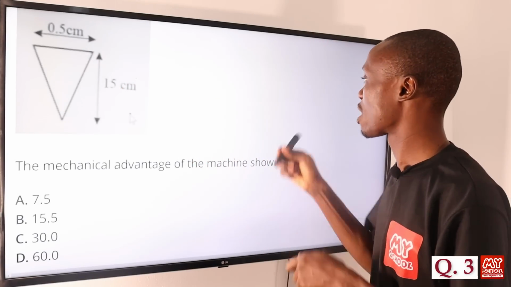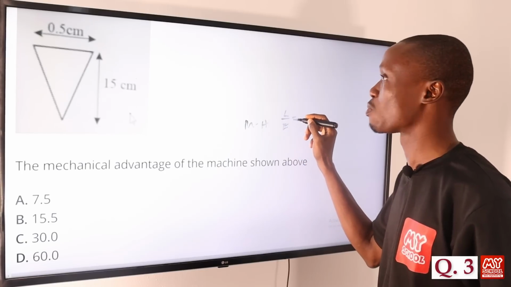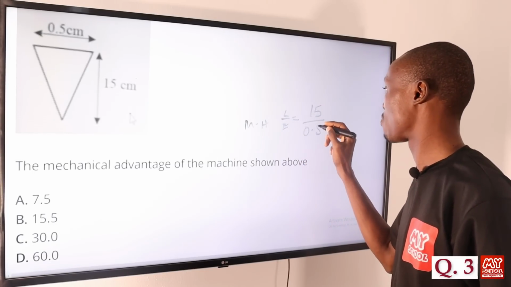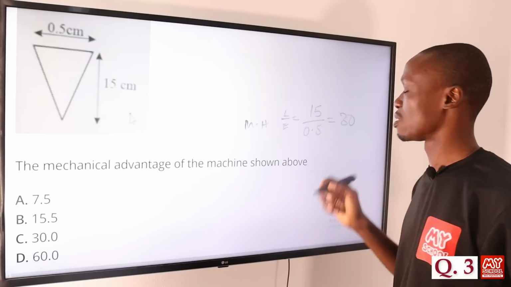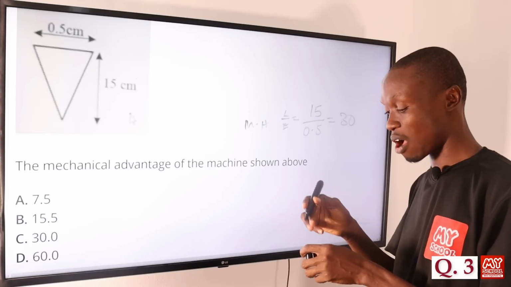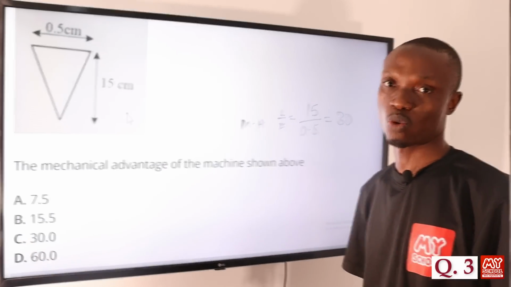Since mechanical advantage is equals to load over effort, in this case we'll be having 15 divided by 0.5, and this will be equals to 30. Remember that mechanical advantage is a ratio, so it does not have any units. So that makes option C the correct answer to this question.